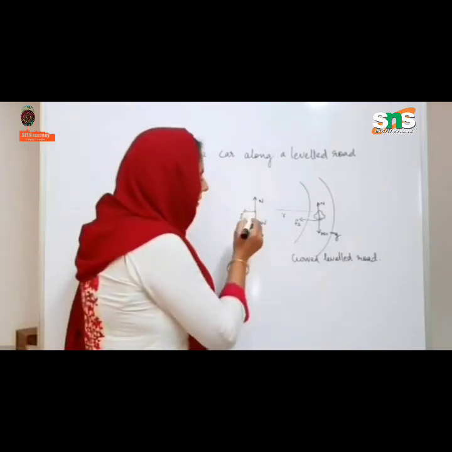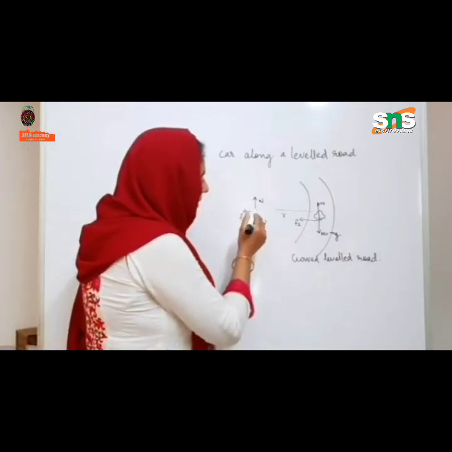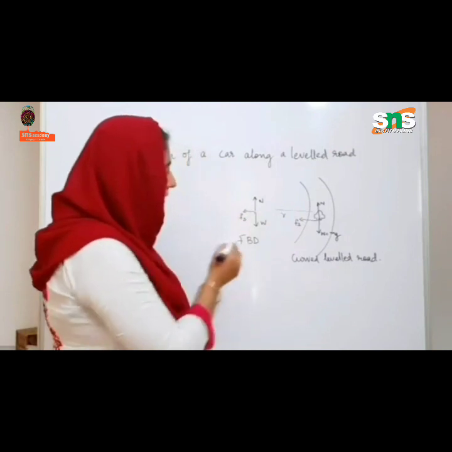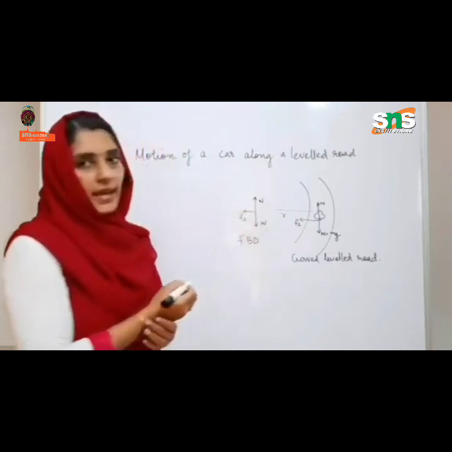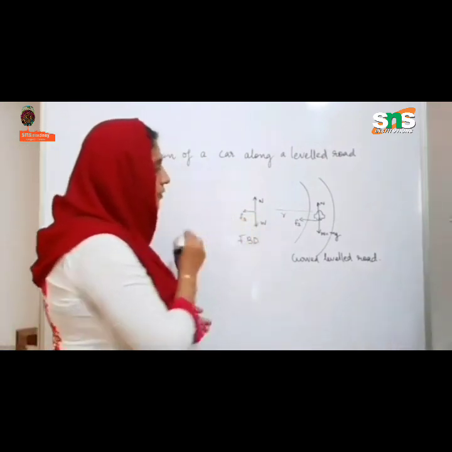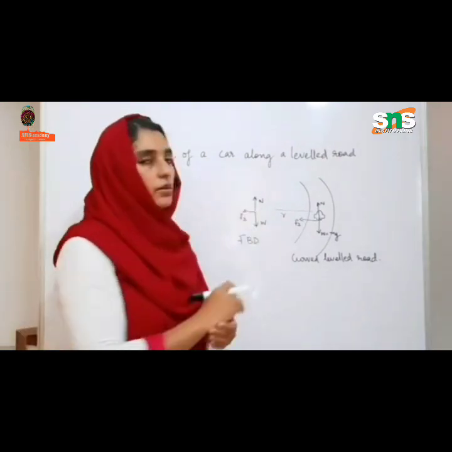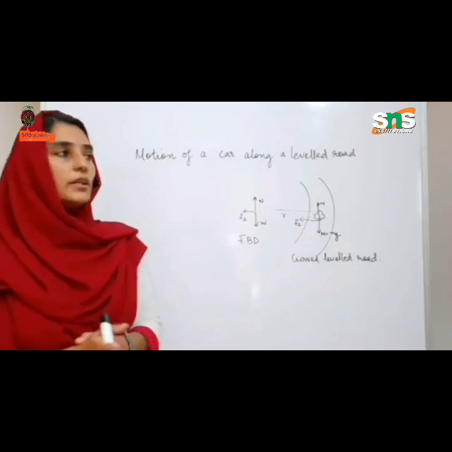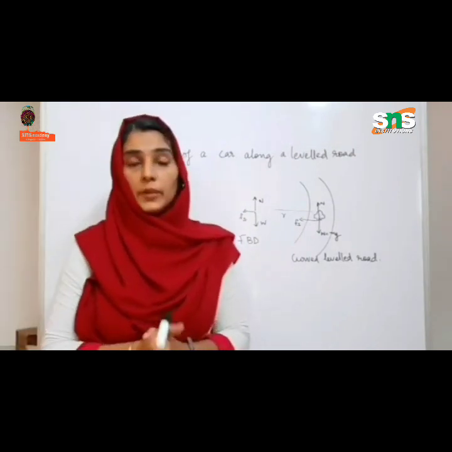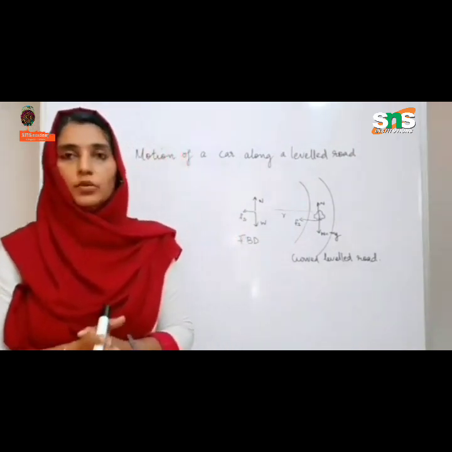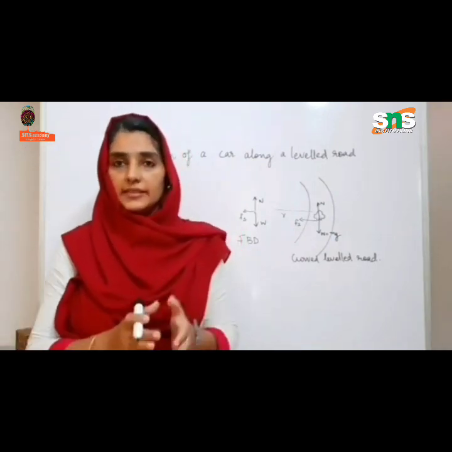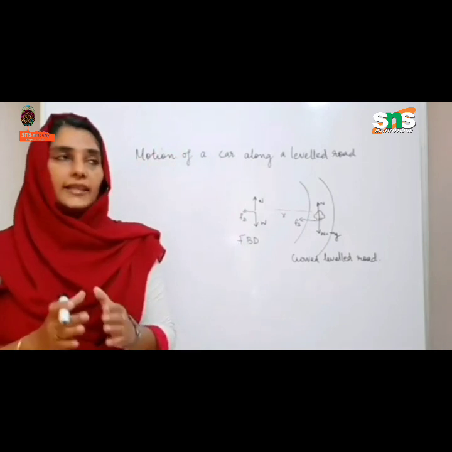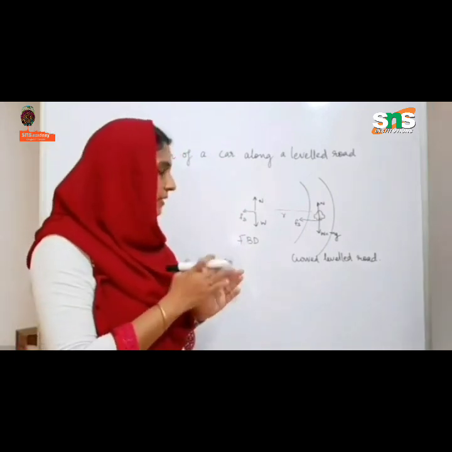So here this dot represents the car, and the weight W is acting downward, the normal force is acting upward, and the frictional force is acting in the horizontal direction. Now in order to calculate the maximum speed with which this car can move along the circular path, we have to separately consider the forces acting along the different directions.